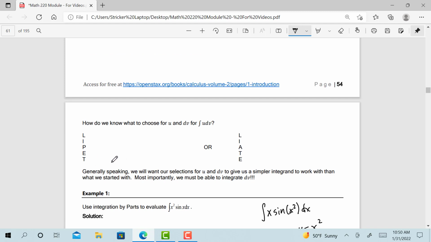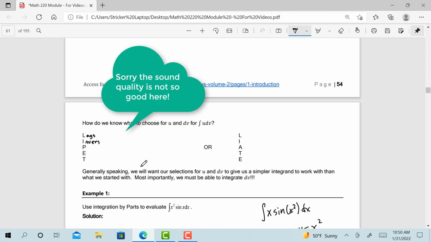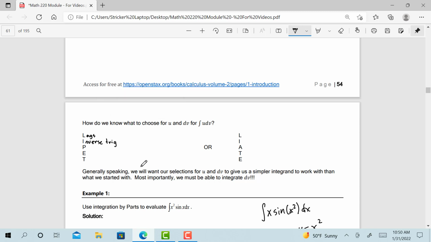I like to use the one on the left, and it starts with L, which stands for logarithmic functions, and then I, which is going to stand for inverse trigonometric functions.